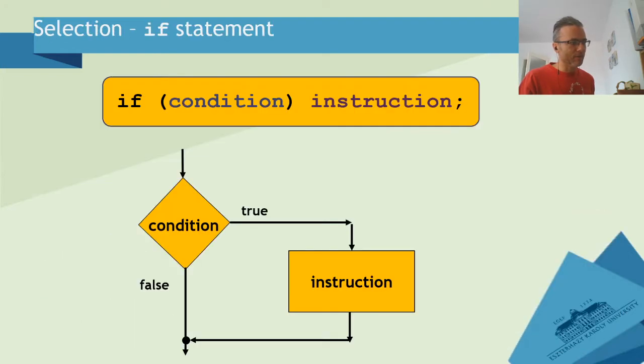Okay, so now you are able to assemble conditions here. For example, you can compare two variables with each other, but most of the time you need not a single comparison here, but a compound condition.